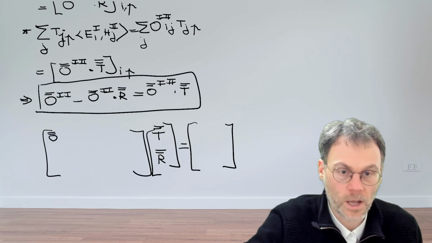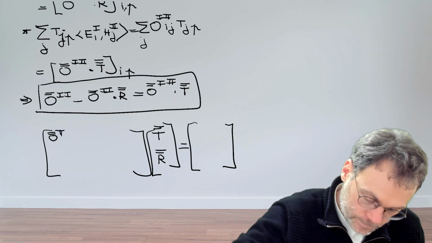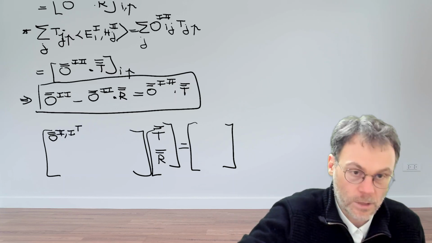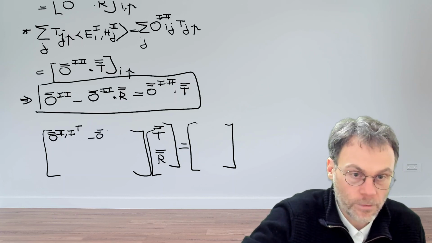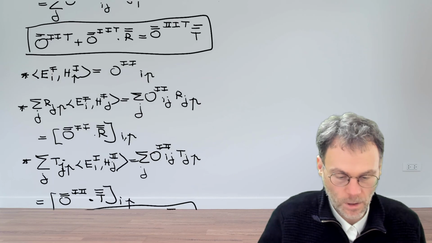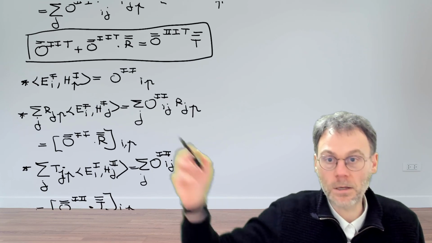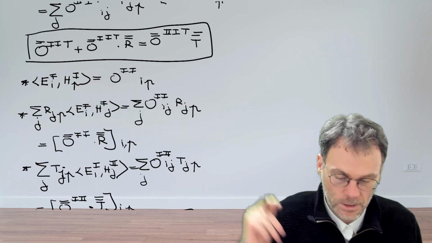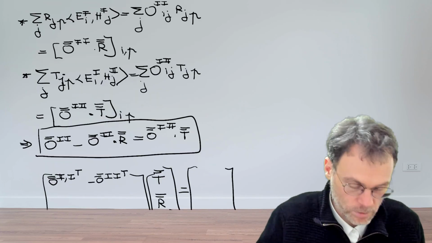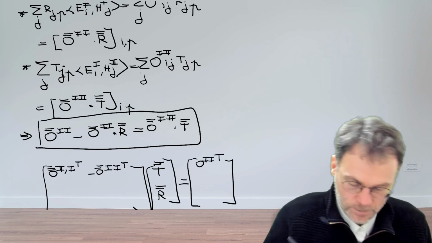It's the overlap between 2 and 1 transpose. And then we have minus the overlap 1 and 1 transpose. Okay, 2 and 1 transpose, that's right. And then for the right-hand side, it's the overlap 1,1 transpose.